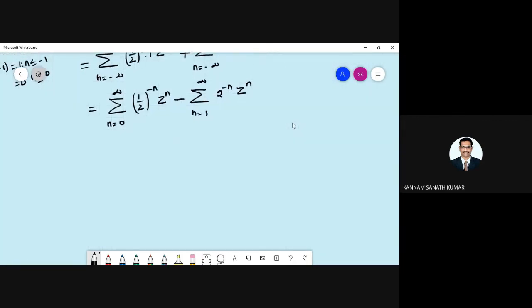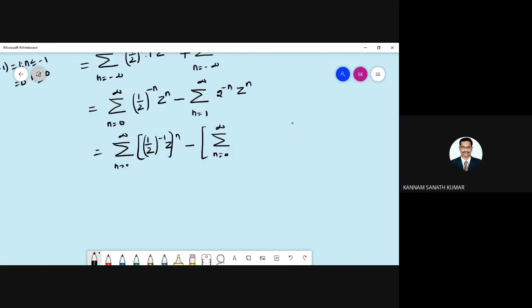So if you apply summation n equal to 0 to infinity of (1/2)^(-1) into z whole power n, you can write this as summation, adding and subtracting 1, n equal to 0 to infinity.